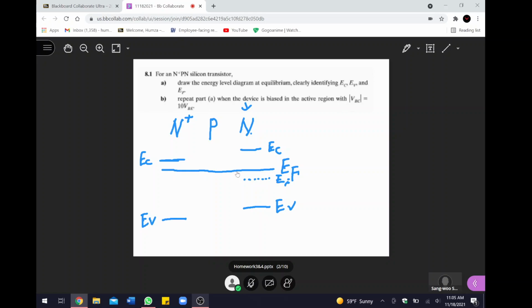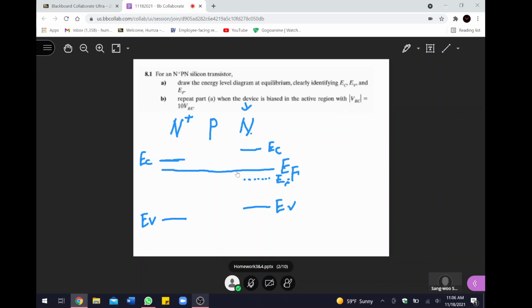Now the P side: EV is closer to the Fermi energy level. Ideally, considering the fabrication step, the doping concentration of the P-doped base should be a little bit larger than the collector side.